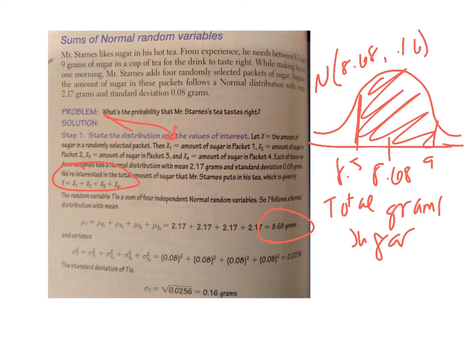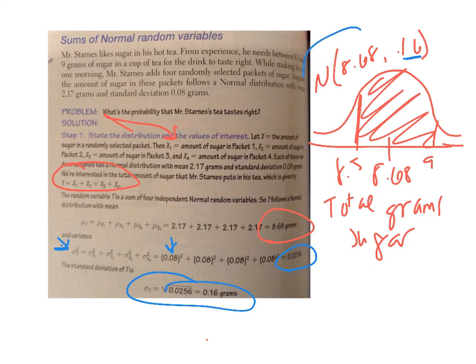Let's look at where that came from. When I want to calculate the standard deviation, I have to calculate the variance first. I'm calculating it for each of my sugar packets. I had 4 sugar packets, which all had a standard deviation of 0.08, so I square all of those and add them together. I take the square root of that and I get the standard deviation of 0.16.